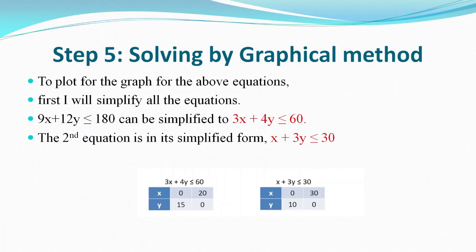Put x equal to 0 in 3x plus 4y equal to 60 in equation 1, then y becomes 15, and when y is 0, then x is equal to 12. In the second equation, put x equal to 0, then the y value is 10, and when y is 0, then the x value is 30.